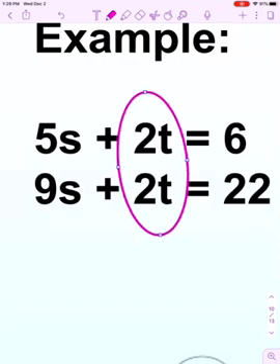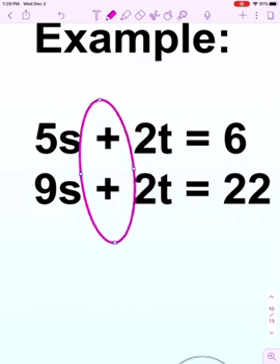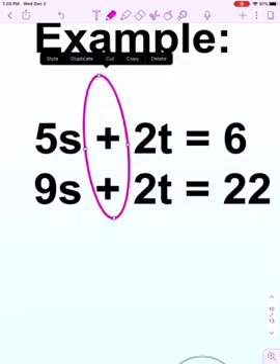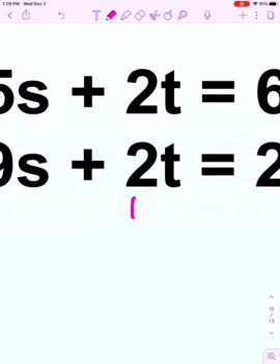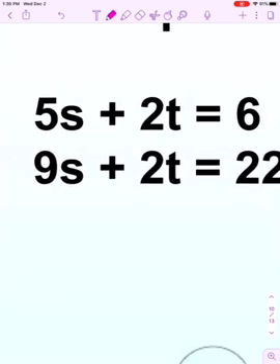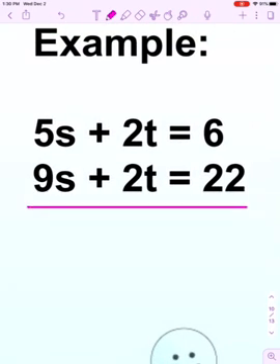So if we're looking at this, these two t's match, but they are both positive. If we added them, they would give us 4t. That's not the goal. The goal is to eliminate the ones that match. We need to get rid of the ones that match.